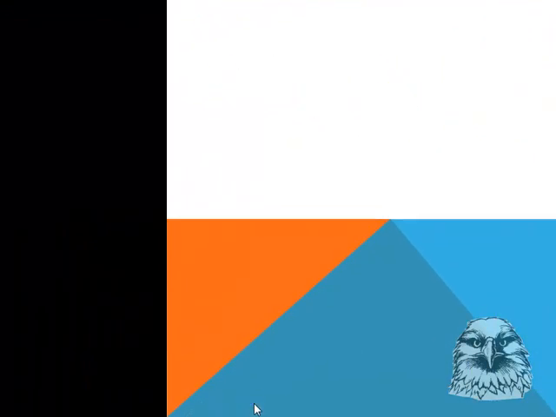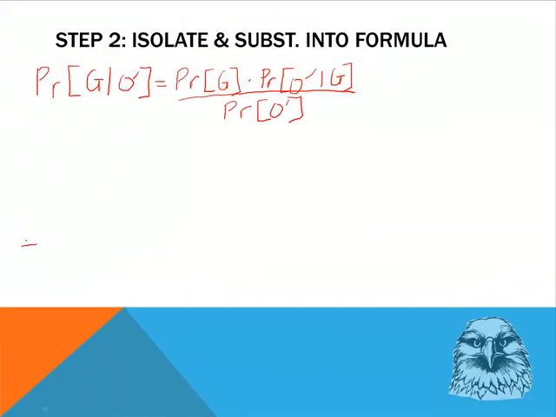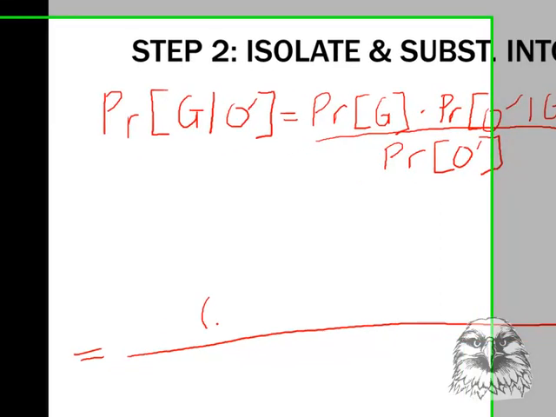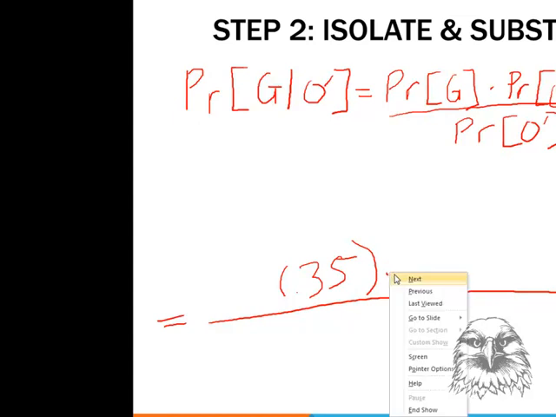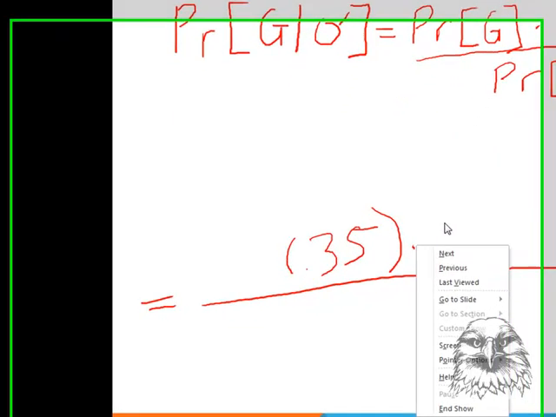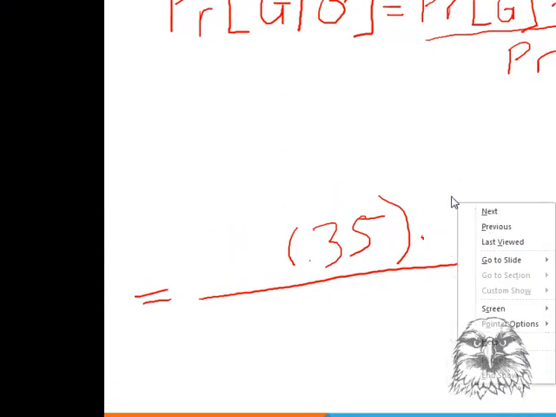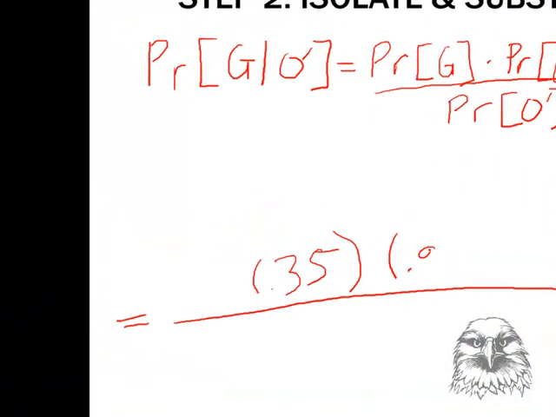So then let's go ahead and substitute that into our formula here. So the numerator is going to be the probability of gold, which again was 35%, times the probability of not overdue given that it was gold, which was 0.95.